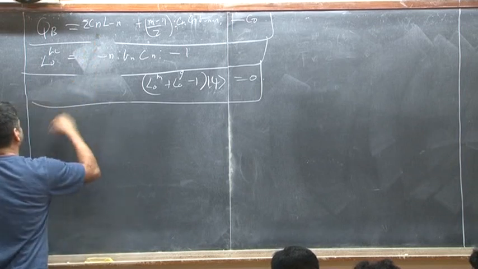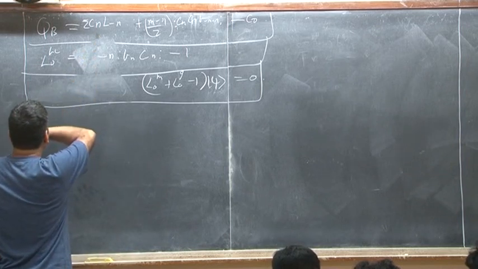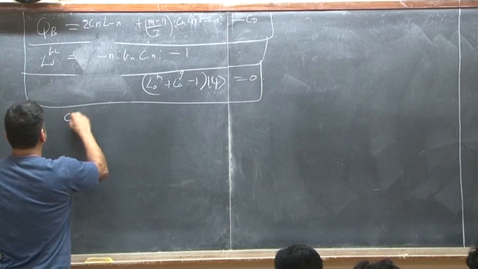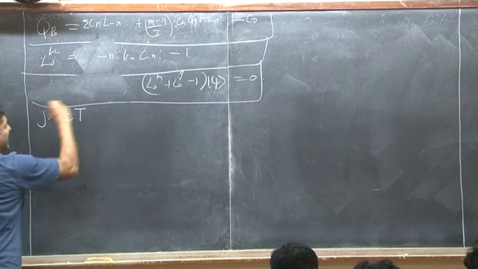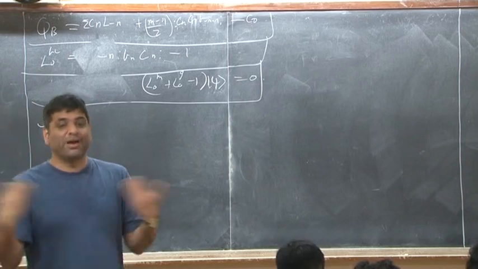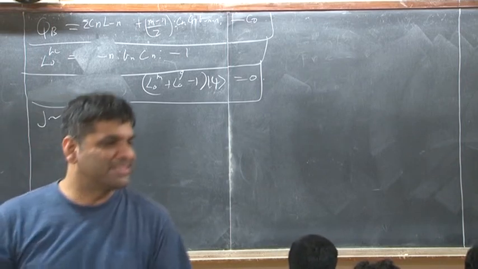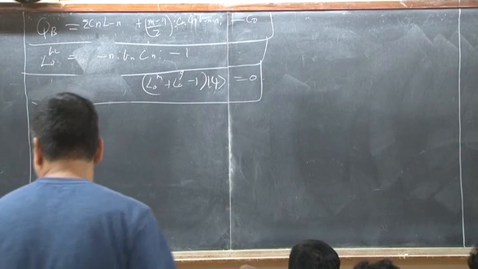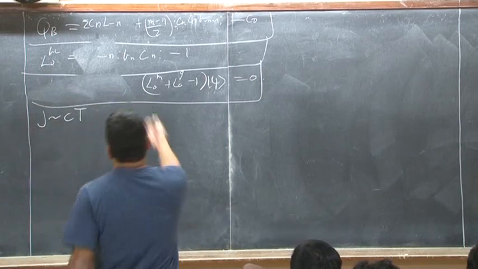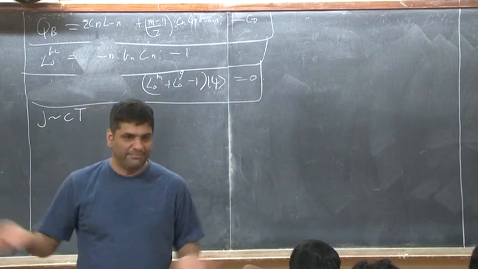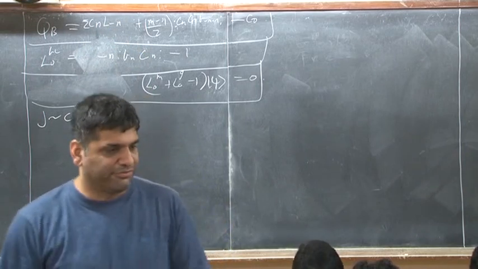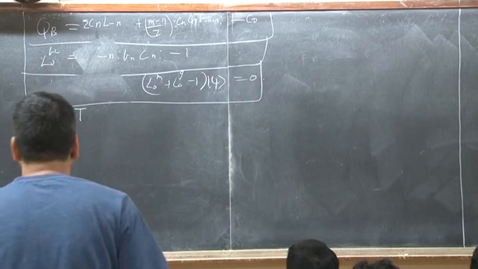The BRST current went like C times T, so it is a dimension 1 current. So the charge was a dimension 0 charge. And that's basically the fact that for every n it's minus n. The net energy of everything is 0. Okay?